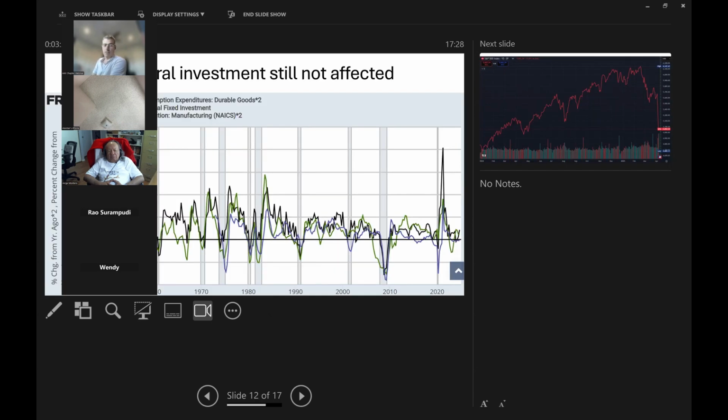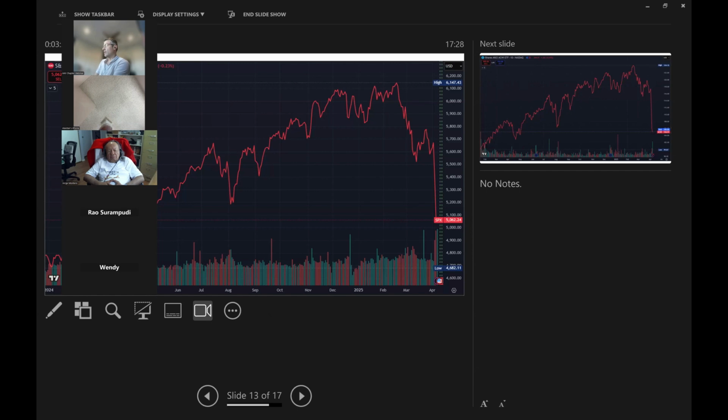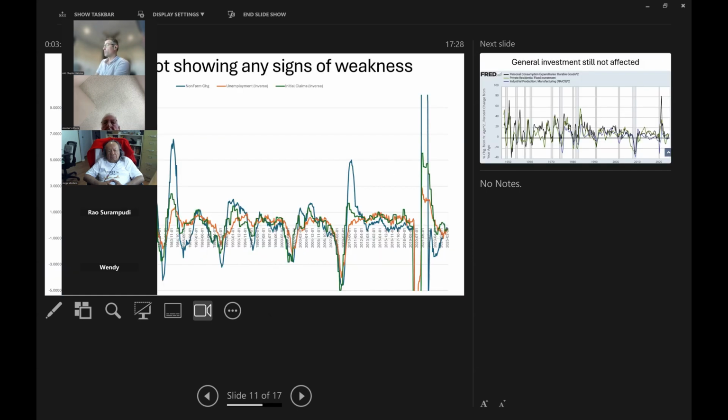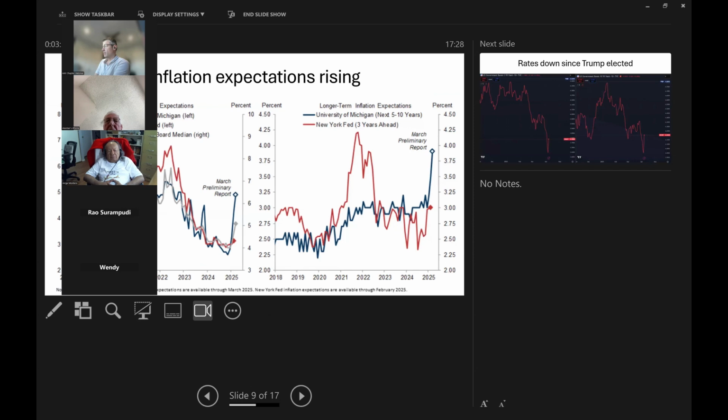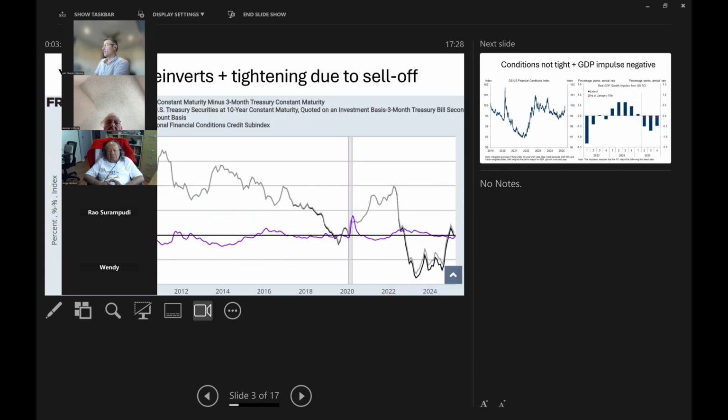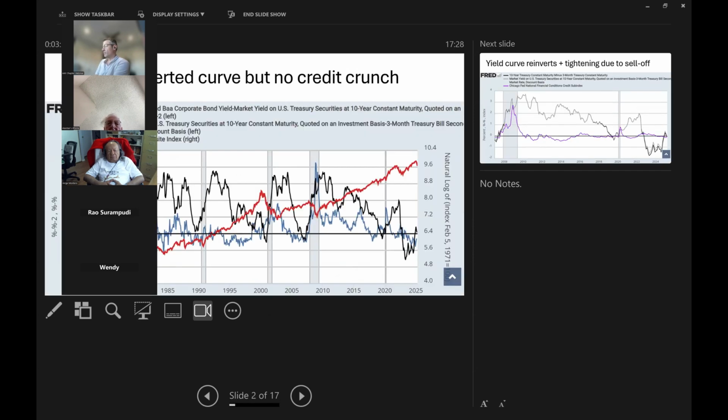So that brings us to talk about the equity markets and what's going on in the equity market. What we're saying is that the labor market's weak. So I'll go back and make the summary. We have the yield curve that's inverted. It disinverted and now it's looking like it's reinverting.